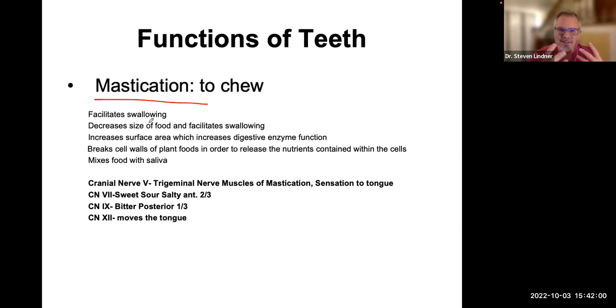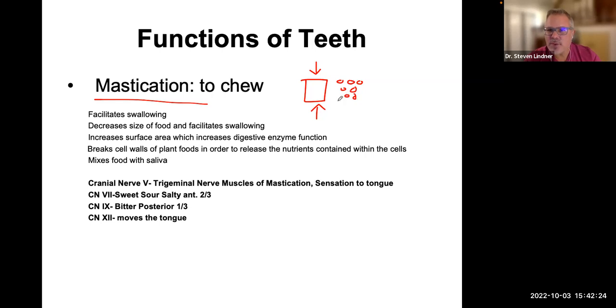Chewing decreases the size of the food and increases the surface area that allows the digestive enzymes to break it down, right? It's the difference of swallowing something like this and only having the digestive enzymes work on all four of these, or breaking these down into these small bits.